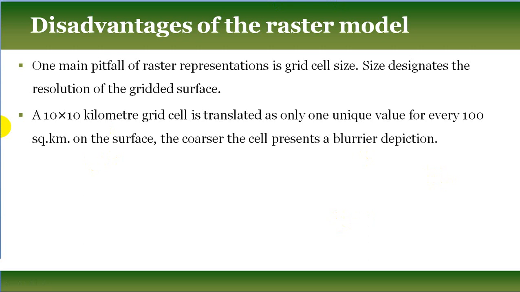That means for 100 square kilometers you represent one single temperature, one single elevation. Sometimes that makes a very coarse raster, and the cell presents a blurrier depiction, very general, without many details.